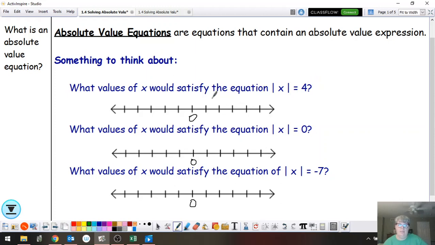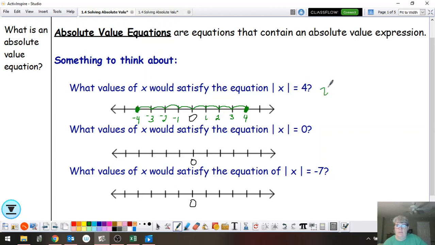So I need a number that is going to be 4 units away in either direction from 0. If each of these are 1 unit, that's 1, 2, 3, 4. When x is 4, and when x is -4, because that's another 1, 2, 3, 4 units away from 0, we actually have 2 answers.